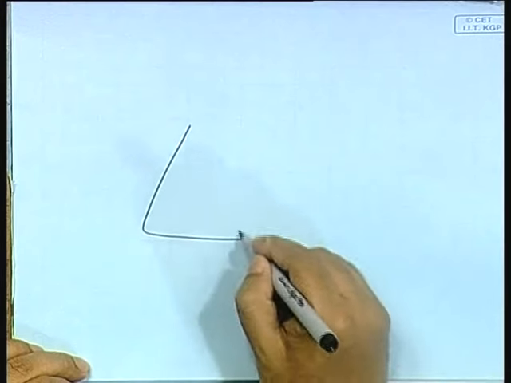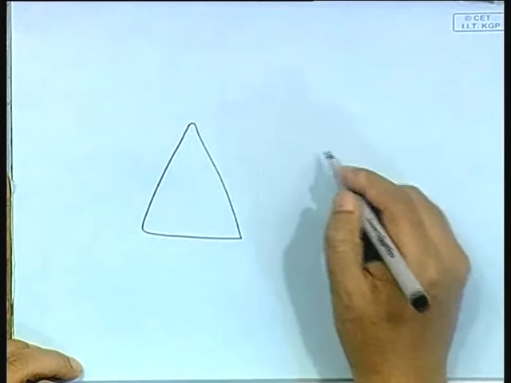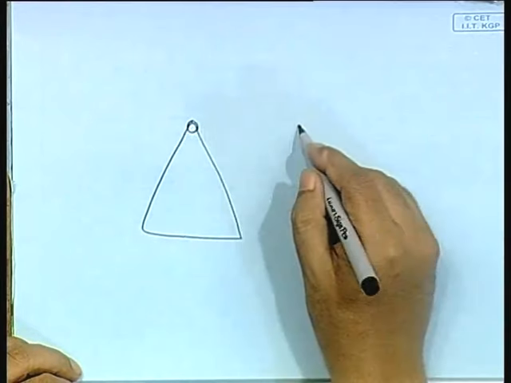On the other hand, when two fragments of the same level are merging, so this is one fragment. What is a fragment? A subtree, right? And this is another fragment.